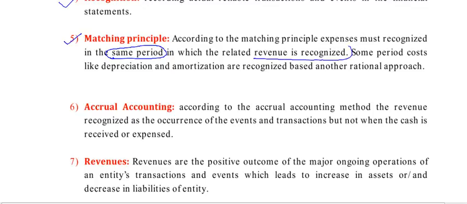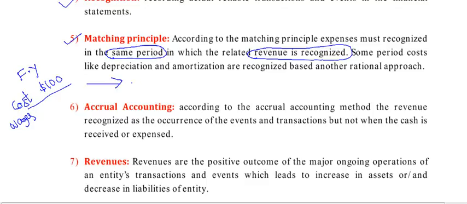For example, in this financial year you are recognizing expenses related to cost. You recognized $100 of expenses related to wages. You produced this worth of goods and sold them in the same period or the next period, for example for $120.